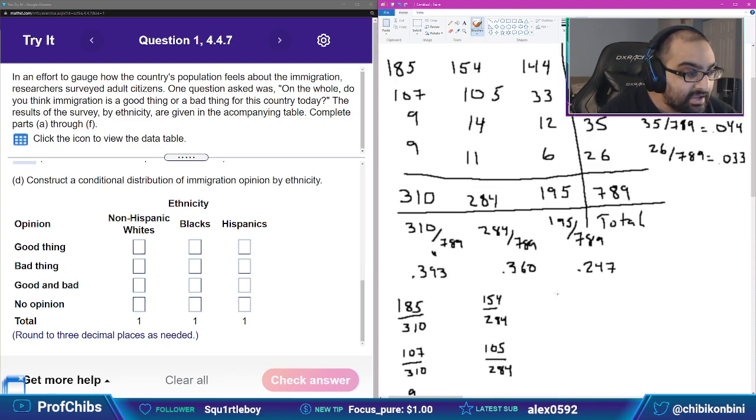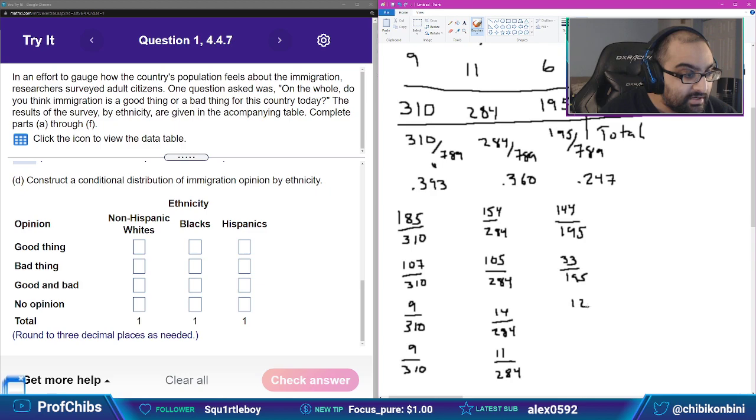So we're going to have 144 out of 195. And then we have 33 out of 195 for the next one. We have 12 out of 195. And 6 out of 195 here, since that's the total.